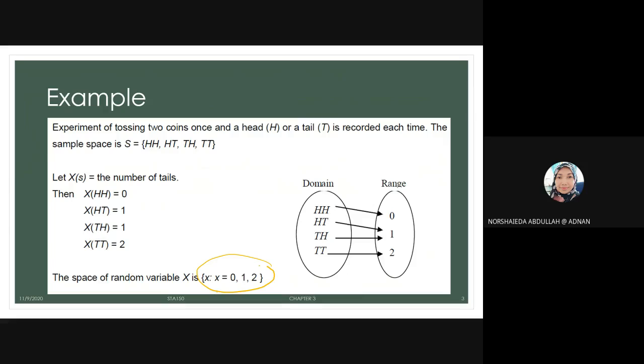So boleh nampak random variable, we want to associate the outcome with number, ataupun we describe the outcome with number.